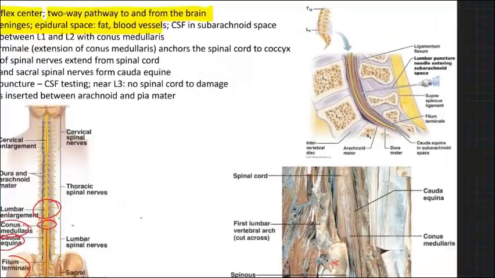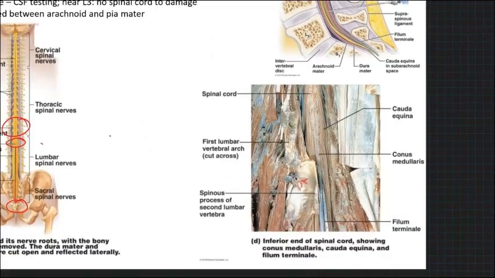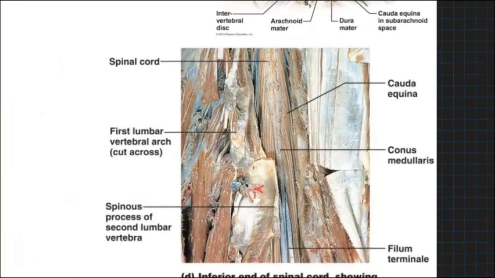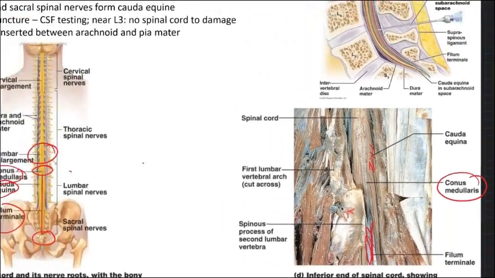Okay? So here you can see branches of cauda equina, conus medullaris, and the filum terminale in the actual cadaver image.